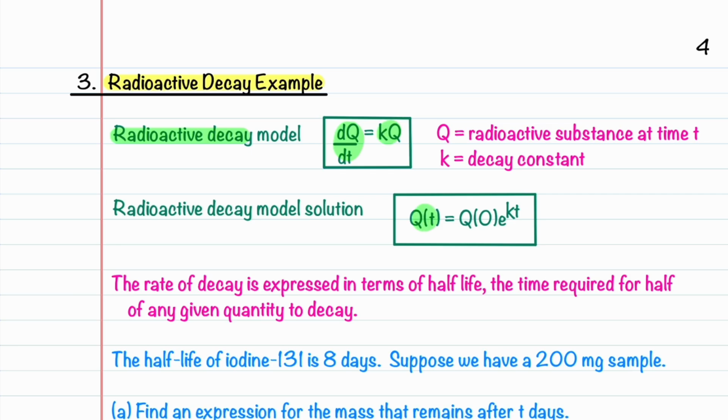And Q is equal to Q0, that is just the initial amount of the radioactive substance, times e^(kt), and k is the decay constant. With radioactive decay examples, the rate of decay is expressed in terms of half-life. Half-life is just the time required for half of any given quantity to decay.